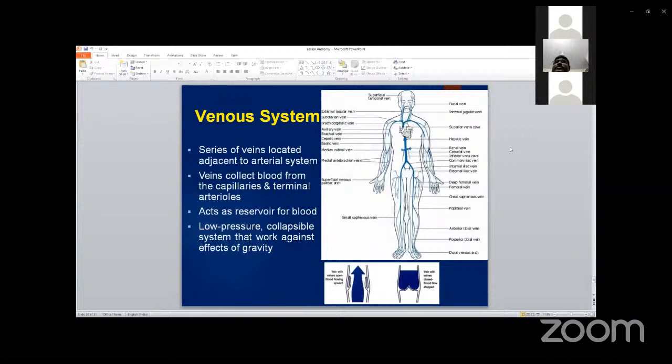It acts as a reservoir of blood, a low pressure collapsible system that works against the effects of gravity. So you came to know the structure, the function, and the location of different valves and different chambers through this class.